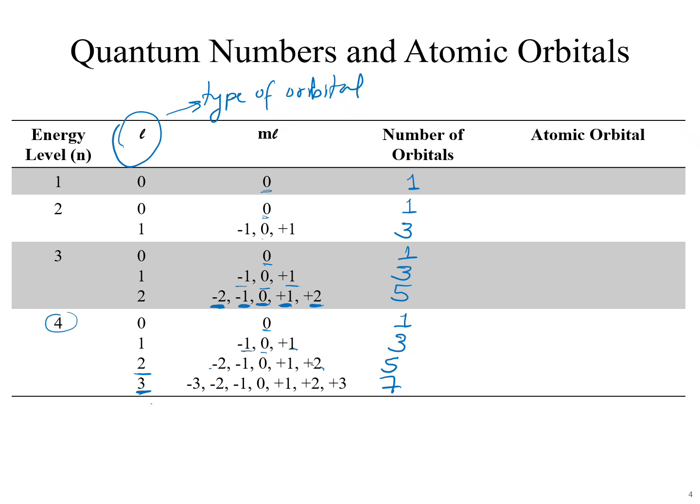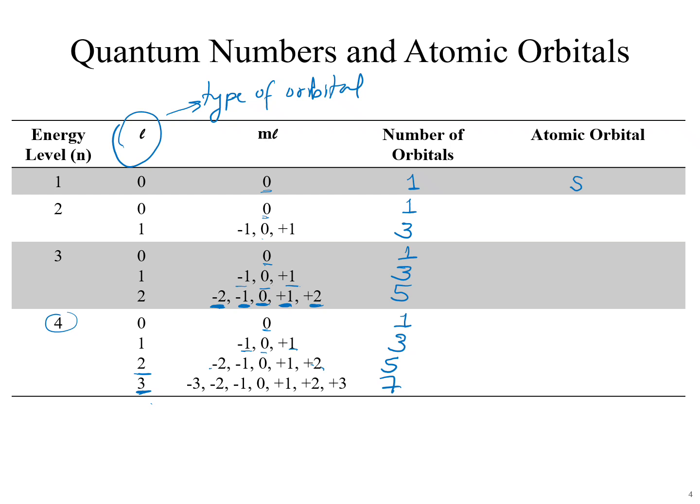You can check that there's a limited number of values for L. We have 0, we have 1, we have 2, and we have 3. Just those 4 possible values. Each value is actually represented by a letter. When the numerical value of L is equal to 0, it means that we have what is known as an s orbital.